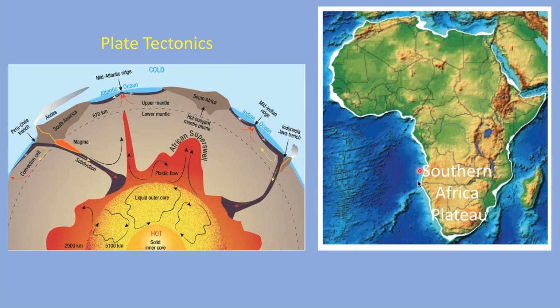Further to the south, we have this elevated terrain called the Southern African Plateau. It's very large, going from southern Zambia all the way to South Africa, and it's unclear why this high elevated feature exists. But one idea, shown here on the left, is that a plume of hot mantle material named the African superswell is pushing up from the hot interior of the earth towards the outer part, causing this uplift.